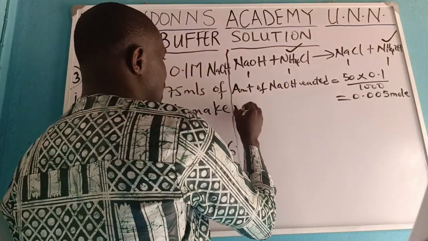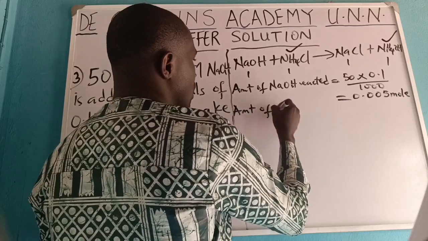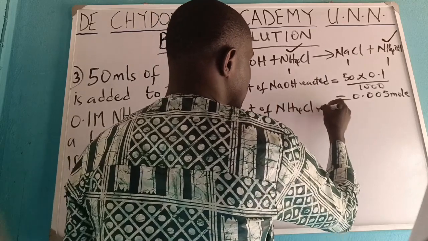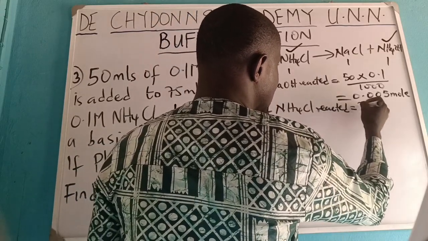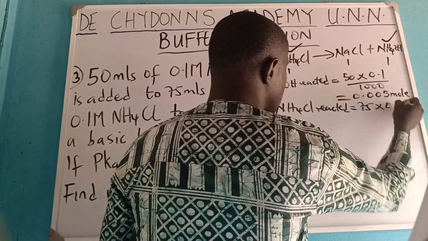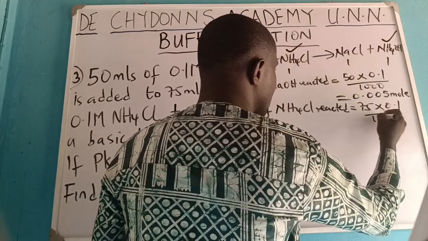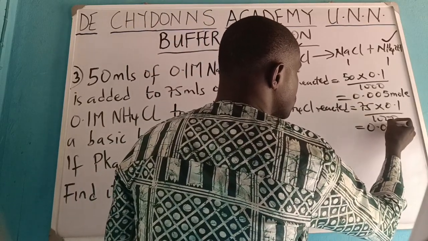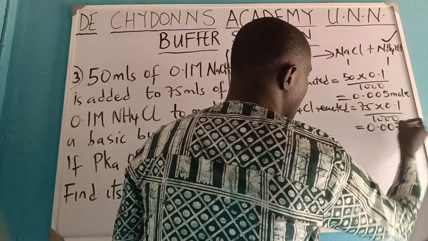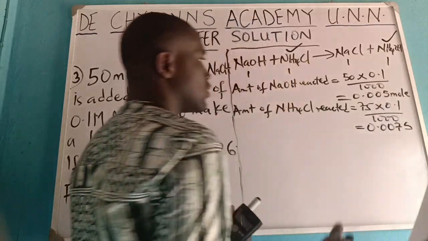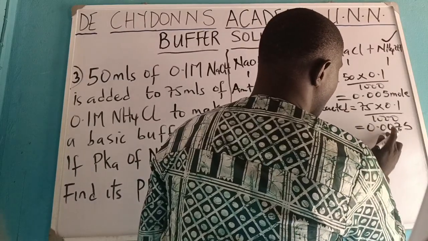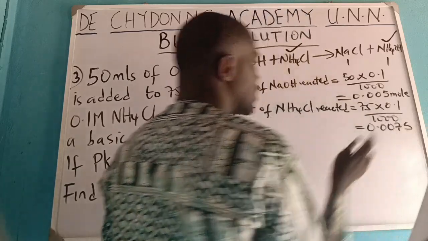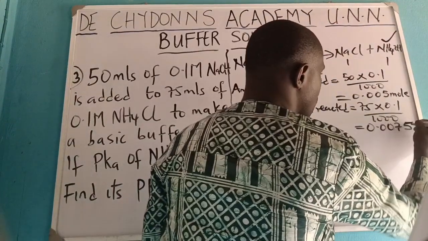You also say amount of ammonium chloride reacted. That will be 75 times 0.1 all over 1000. That will be giving you 0.0075 mole.